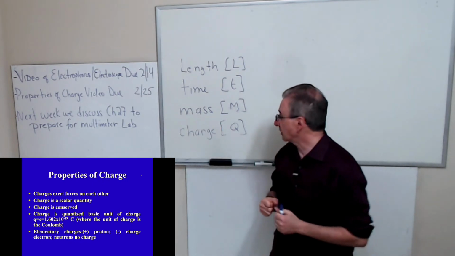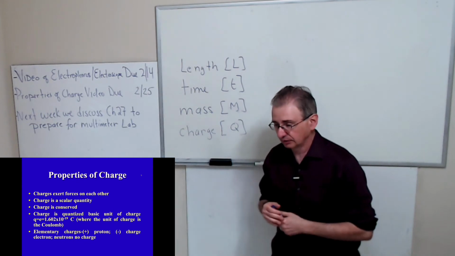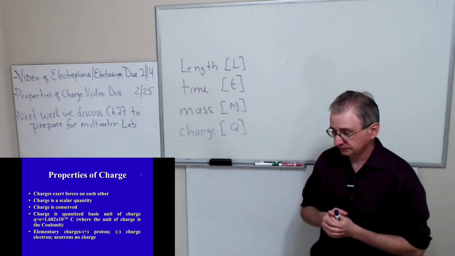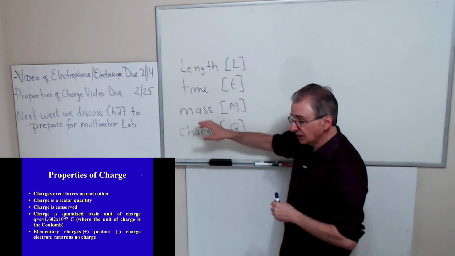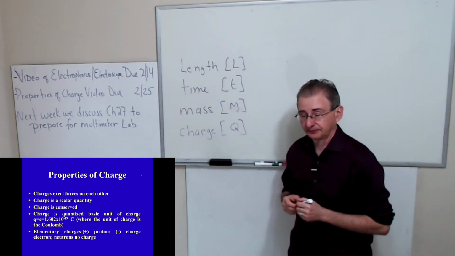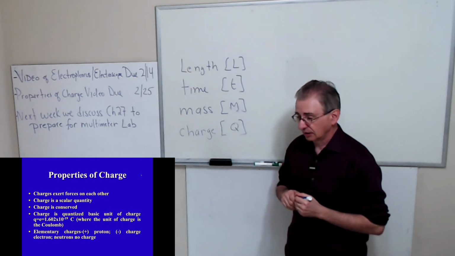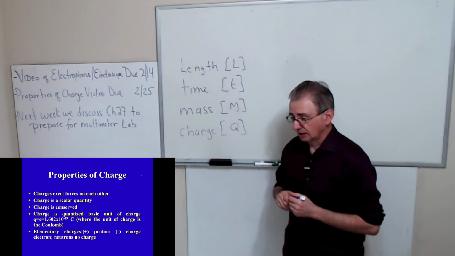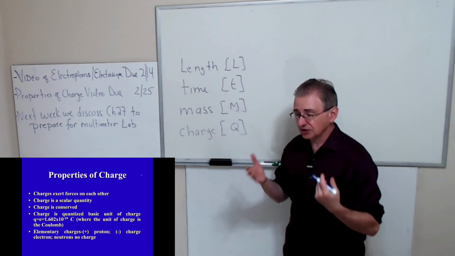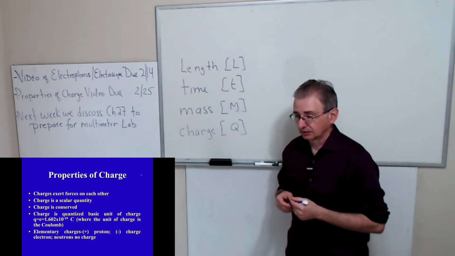Charge is a scalar just like mass. It's a number. It's not a vector, it's a number. Charge is conserved. Now, charge can be positive or negative. The basic unit of charge is the charge on the electron or the charge on the proton.